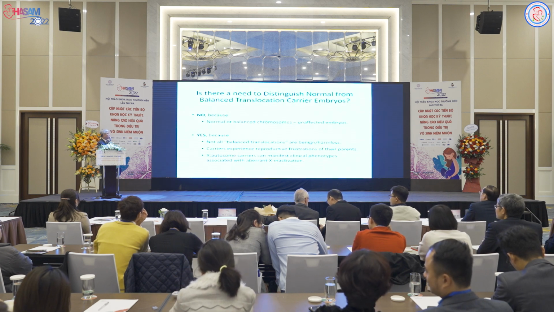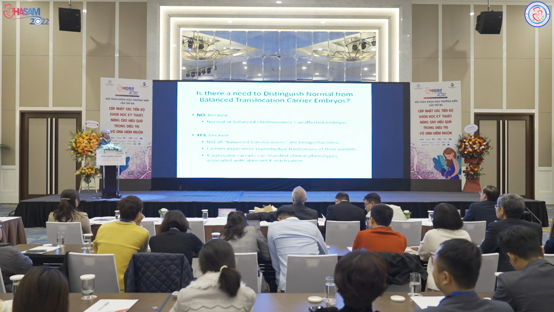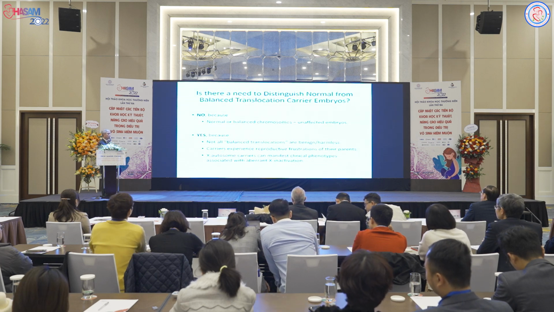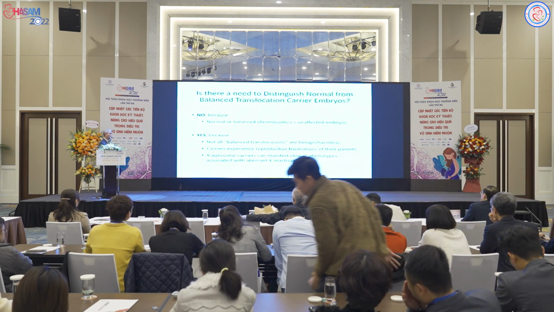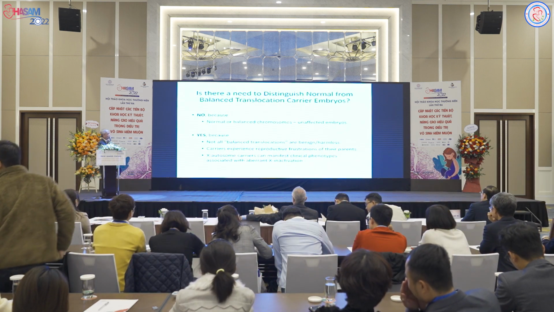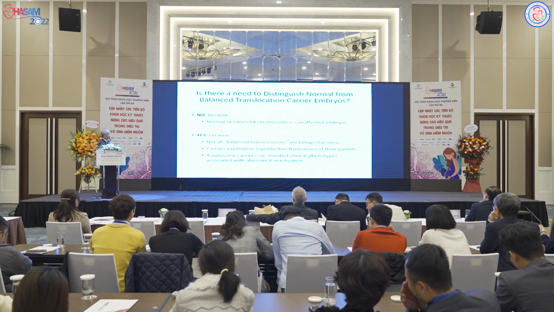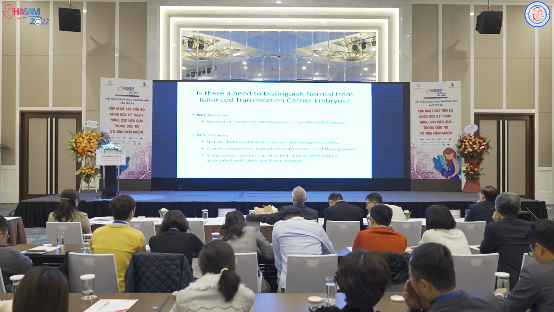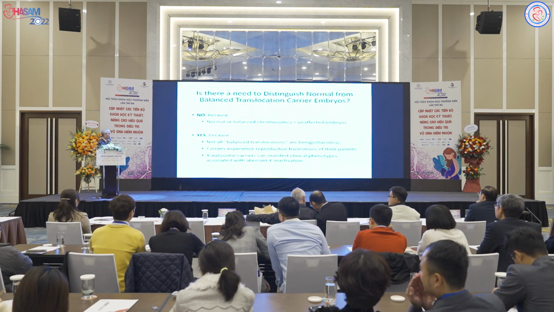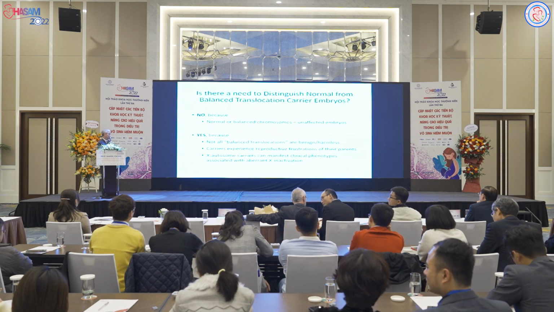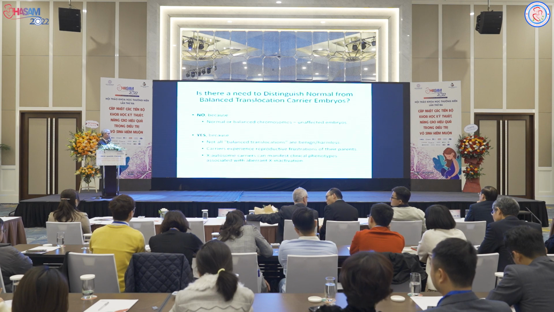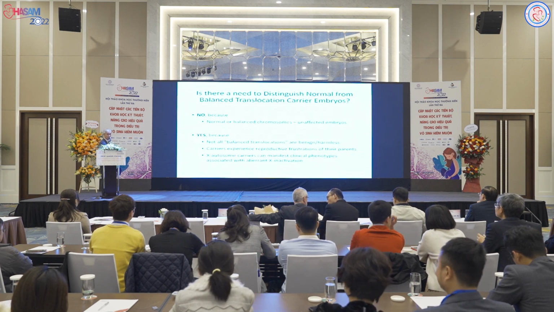Secondly, carriers of balanced translocations, if they are these embryos, will grow up and experience exactly the same reproductive frustrations as their parents. So that's another reason why it would be good to be able to distinguish normal from balanced translocation carriers. And finally, X-autosome translocation carriers can manifest clinical phenotypes that are associated with aberrant X inactivation.